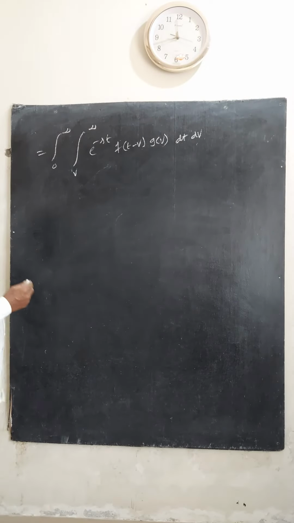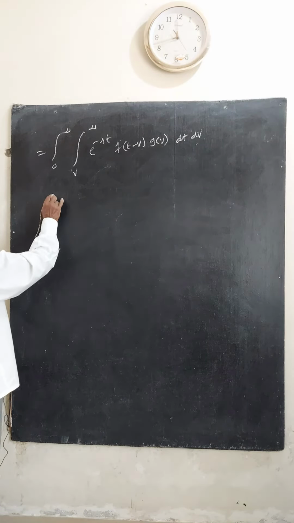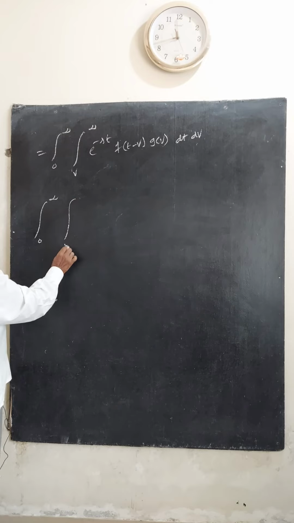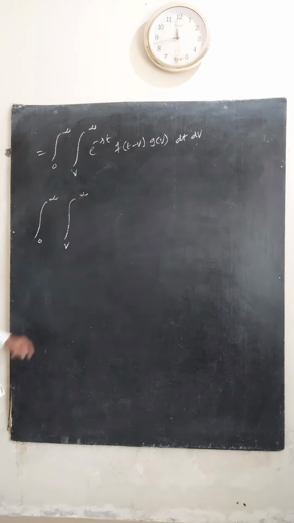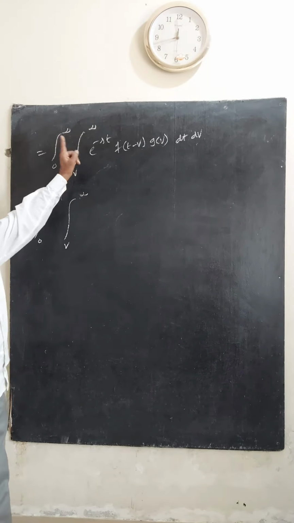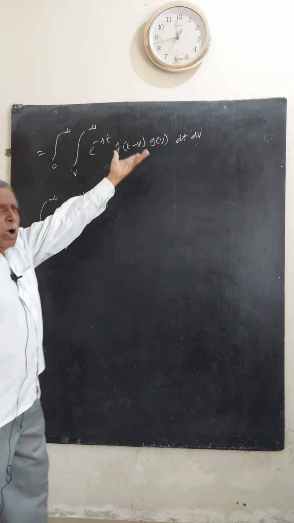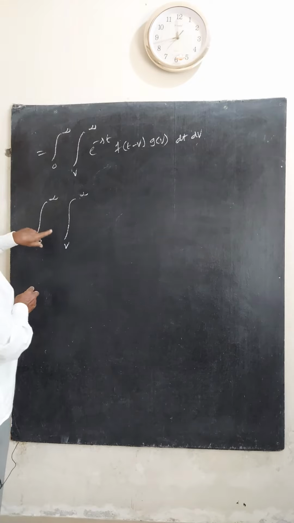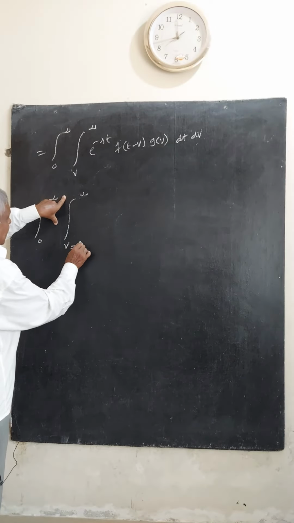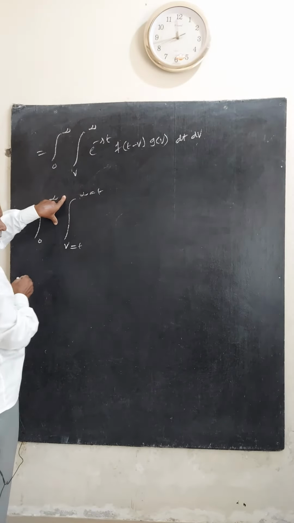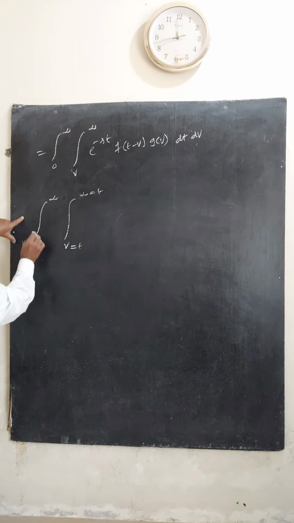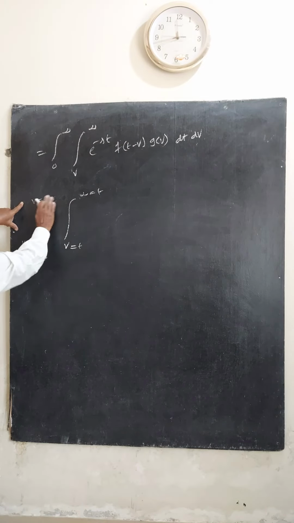We have to change the order of integration by drawing a diagram. Let us take the limits first. 0 to infinity, v to infinity. If v is there in the limit, that integral belongs to t only, the opposite variable. Therefore, if v is there, we are putting it equal to t. Another limit is v equal to 0, v equal to infinity.